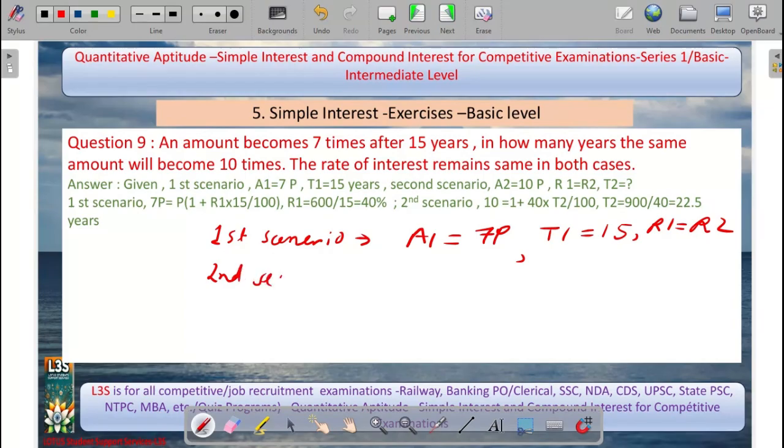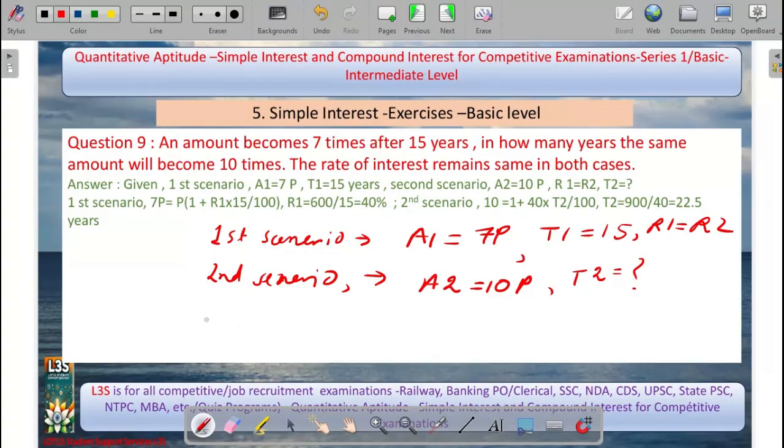Second scenario, A2 is equal to 10P. T2 we have to find out. So first thing we have to do is to find out the R1, R2.